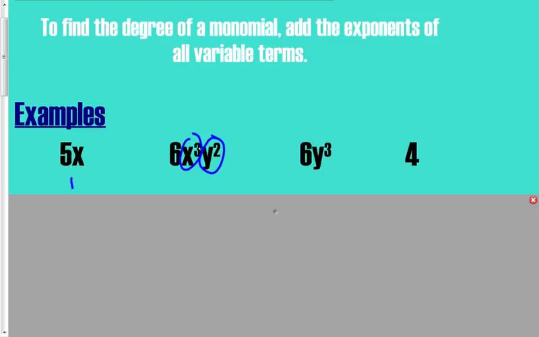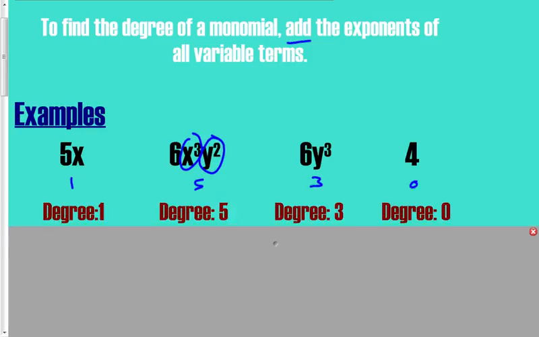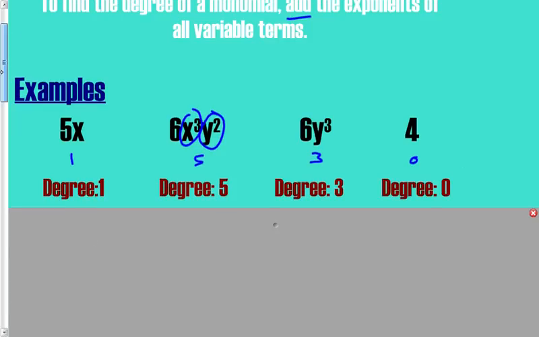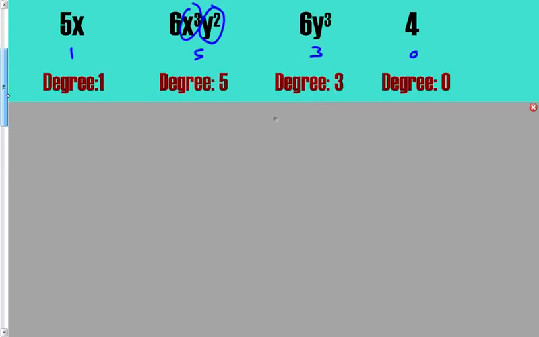You add them together, because we find the sum, it would be a degree of 5. This one we just have the y, so it's 3 is the exponent, degree of 3, and there is none, so we're going to have a 0 degree here. And let's check to make sure we got them right. They are all correct. So that's basically how you find the degree of a monomial.